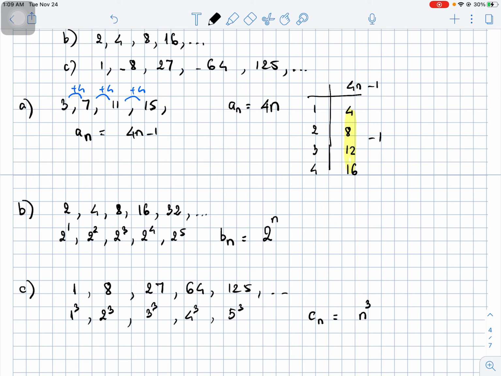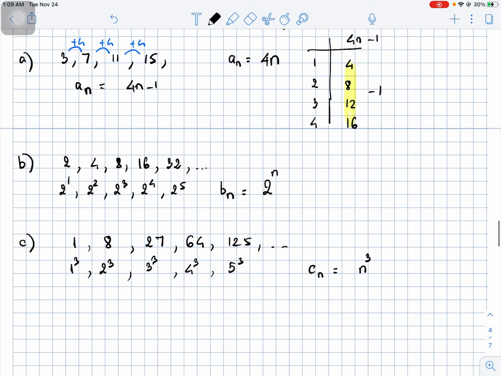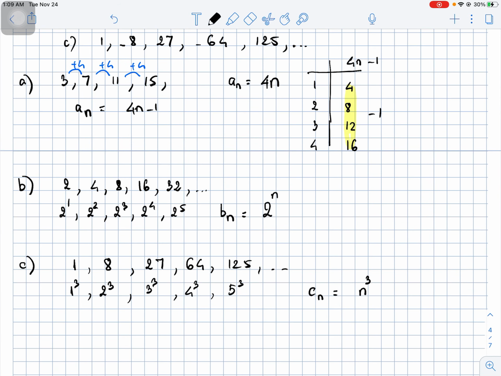So now how do we deal with the plus and the minus? First we're going to do 1 times 1. We're going to separate, okay? So minus 1 times 8, and then 1 times 27, and negative 1 times 64, and then 125.